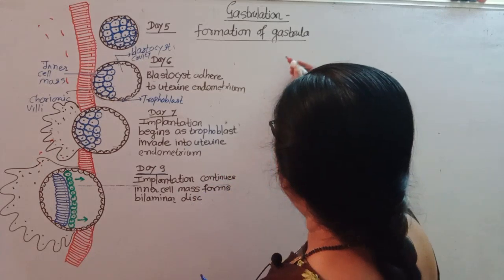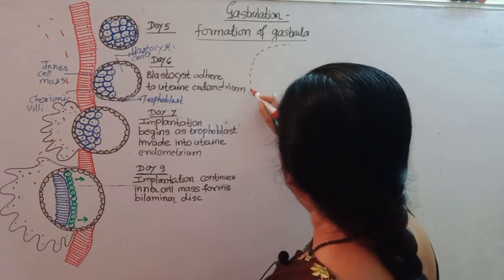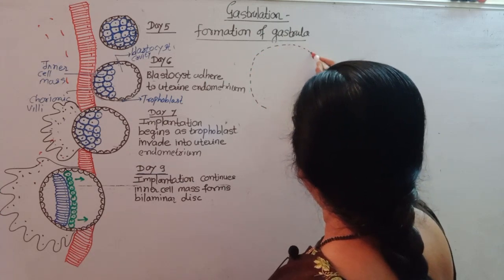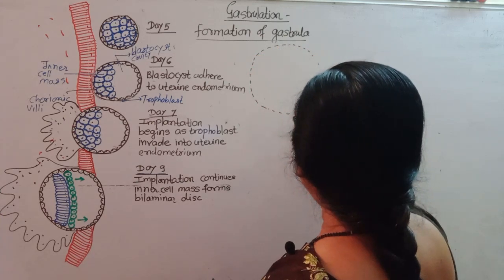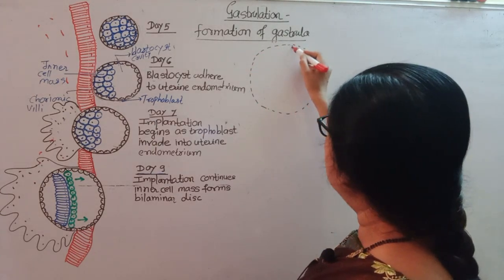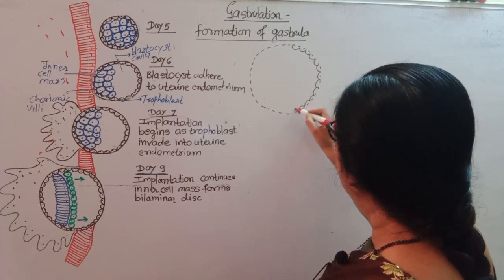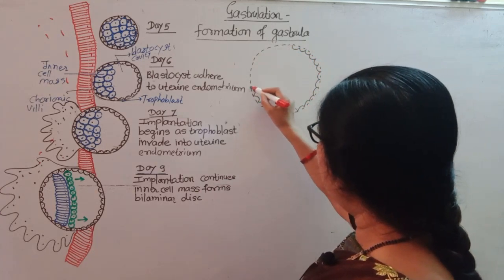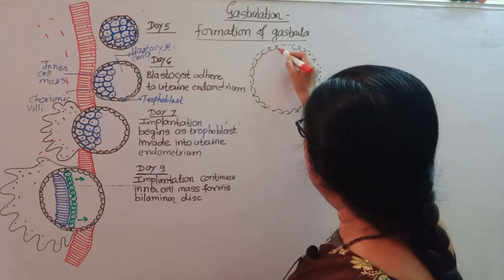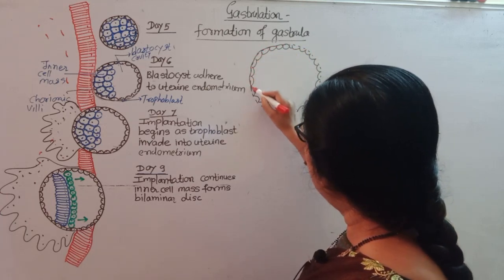So this is first diagram. In this diagram, this is trophoblast layer, and cells are called trophoblast cells.